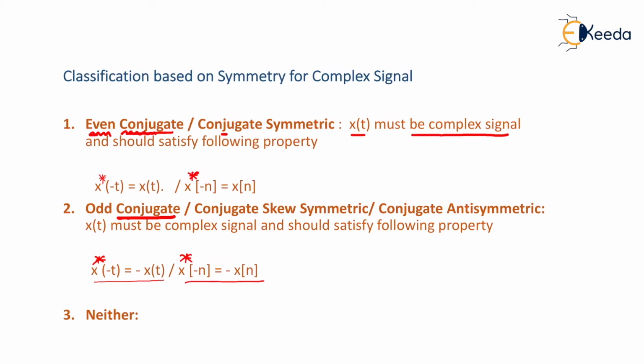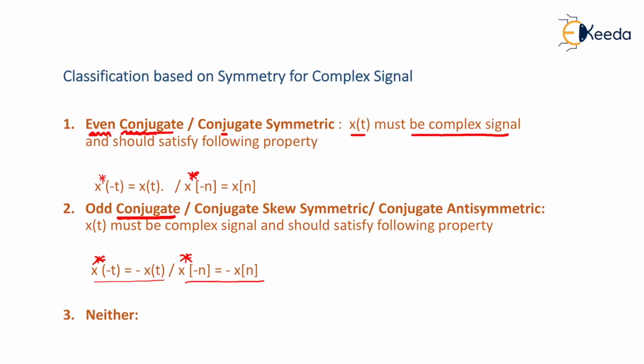If you know the even and odd properties of signal x of t or x of n, provided they are real signals, then it is quite easy to remember these properties. You have to only add the conjugate sign. And what is meant by neither even conjugate nor odd conjugate?